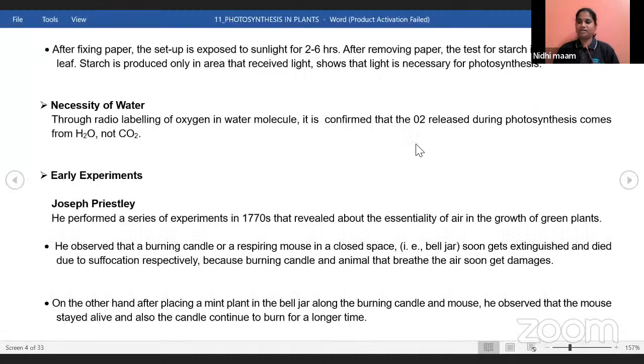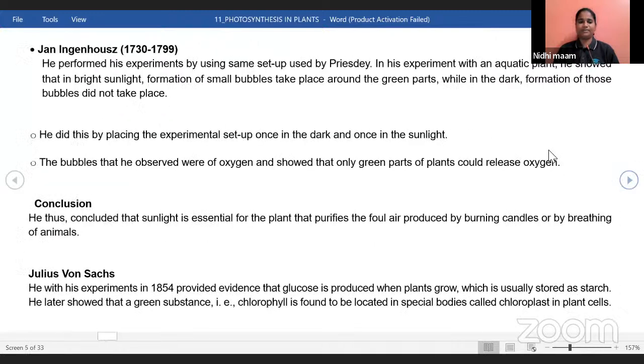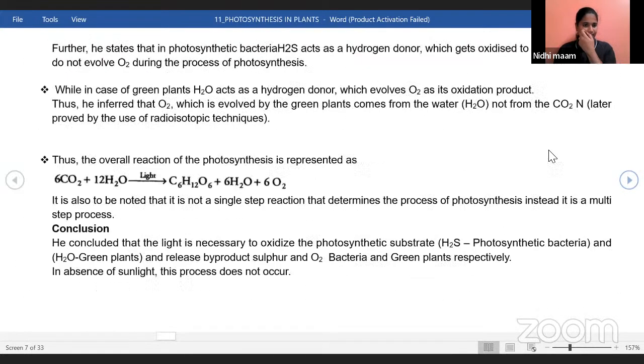So when you see photosystem 1 and 2, let me check whether we have detailed notes on it.